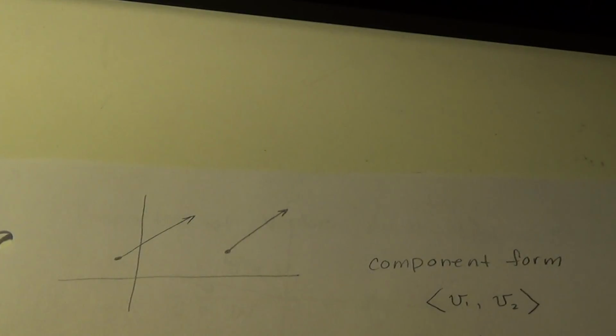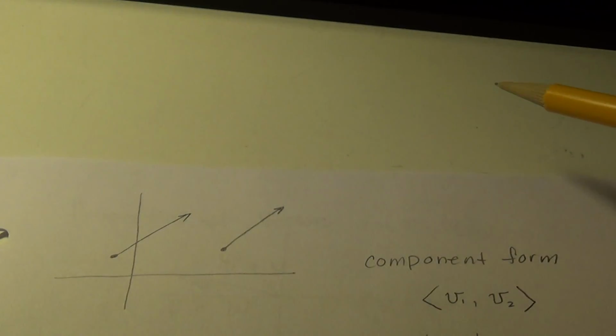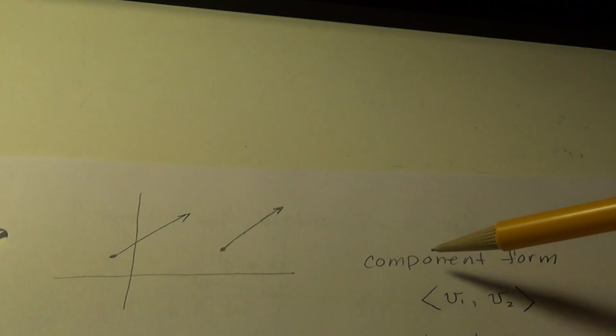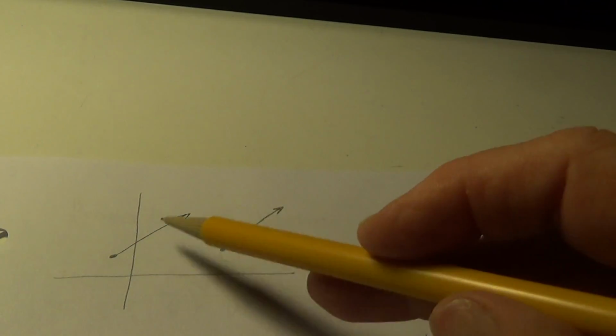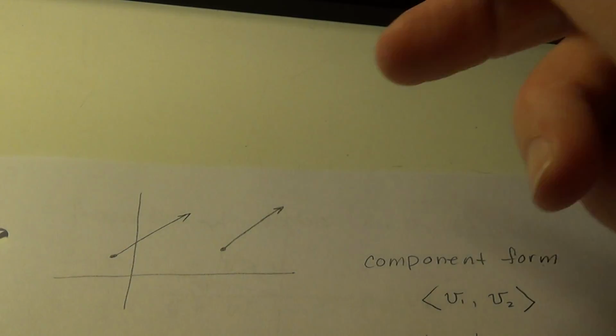Let's look at an important part about vectors. Here are two vectors, and I am interested in expressing both of them in what's called component form.